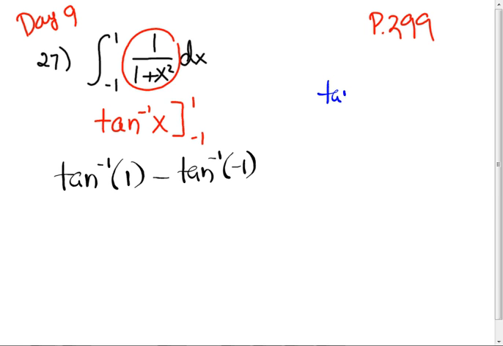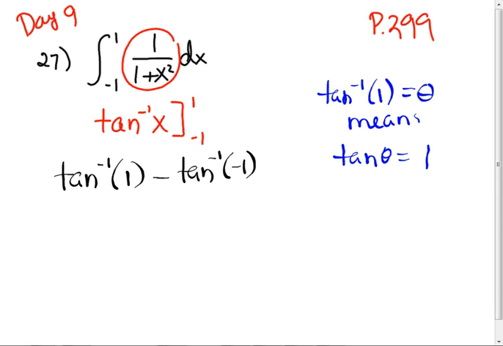Here's what I do. I take inverse tangent of 1, because I can't even think that way. What is an inverse function? It's an angle, so I call it theta. I always rewrite it: the tangent of what angle gives you 1?